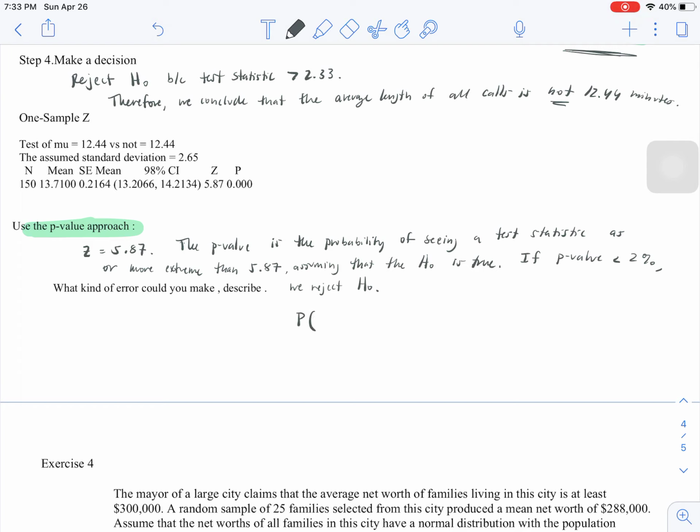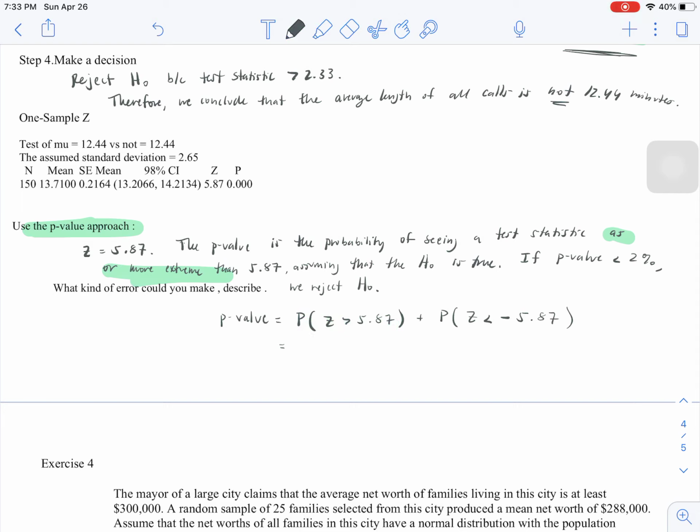So because we have a two-tailed test, when we're talking about as or more extreme, that's in both directions. So extreme as in greater than 5.87, extreme in the positive direction, or extreme in the negative direction, less than negative 5.87. So what's the probability that a z-score is greater than 5.87?